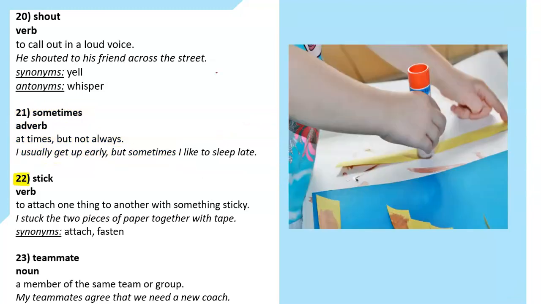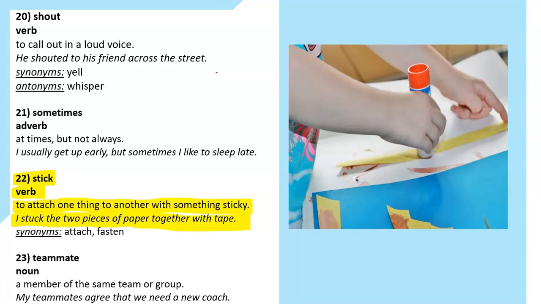Our next word is stick. Stick is a verb and it means to attach one thing to another with something sticky. So you are putting two things together with something sticky. For example, I stuck the two pieces of paper together with tape.